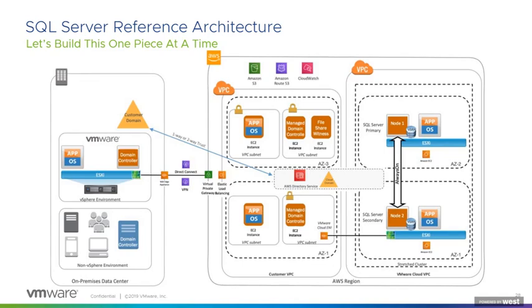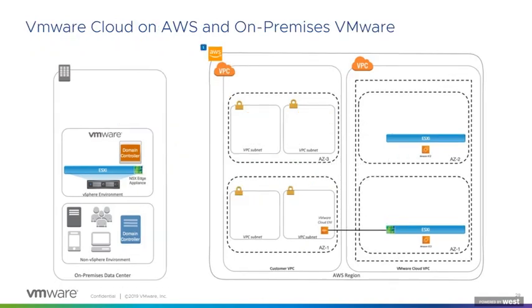Okay, so let's jump into this diagram a piece at a time. When you start out on VMware Cloud on AWS, this is the configuration you would get if you simply installed the environment and connected it to AWS.